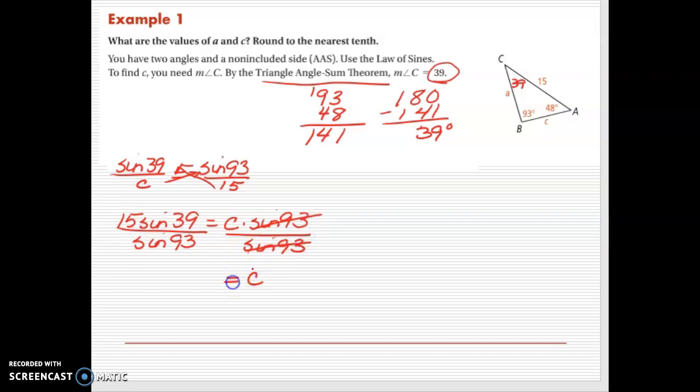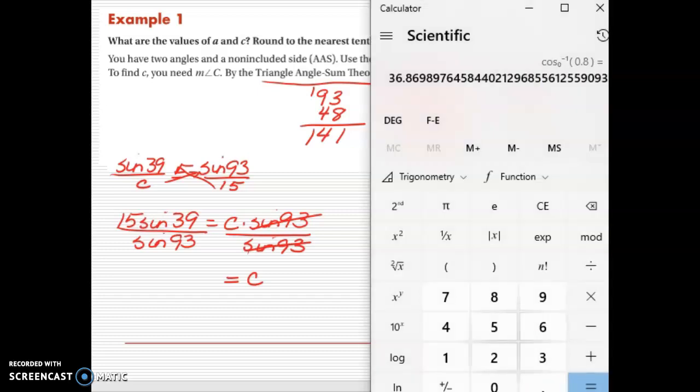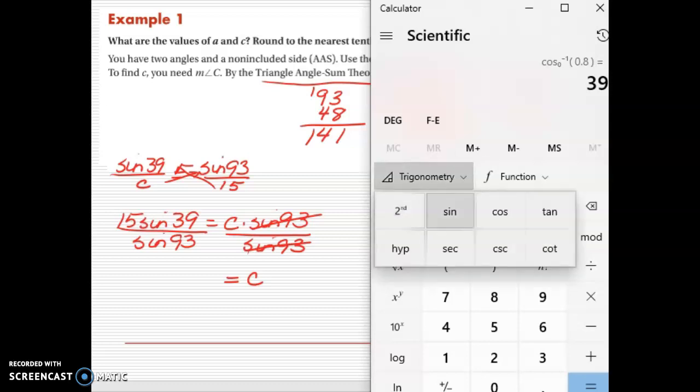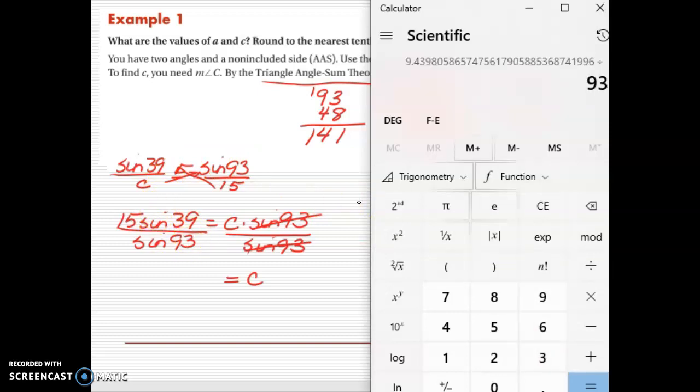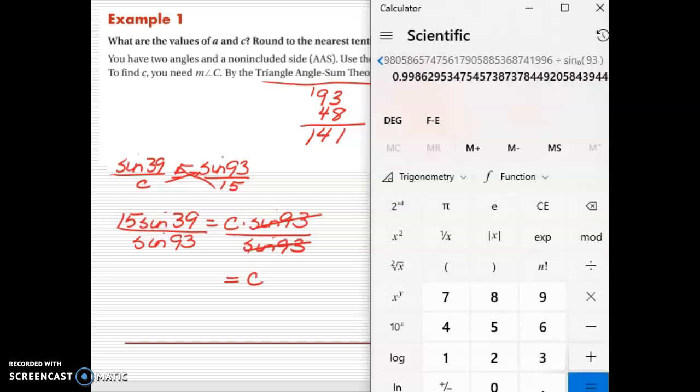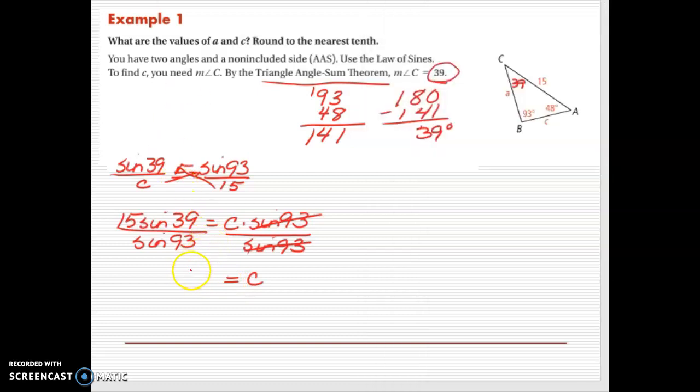So your side C would equal sine of 39 times 15, and then divided by sine of 93. That gives me that C equals 9.4. And you usually use a tenth marking on that. So we have 9.4 for C.